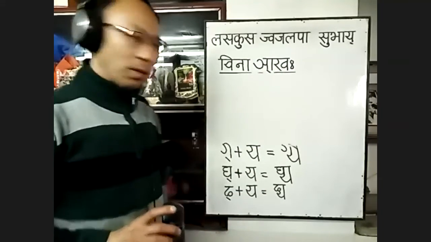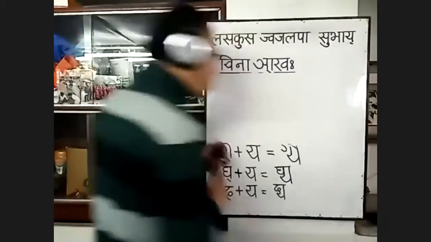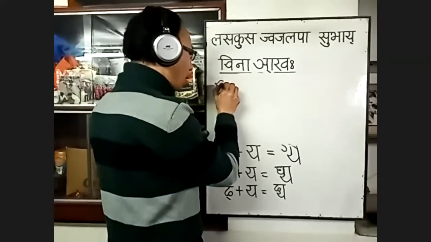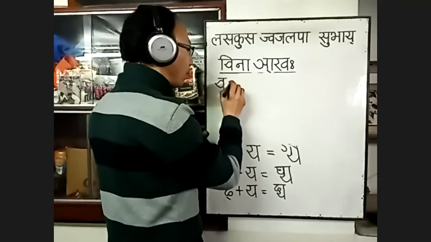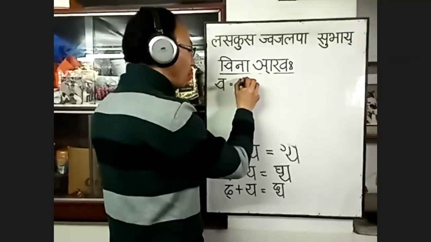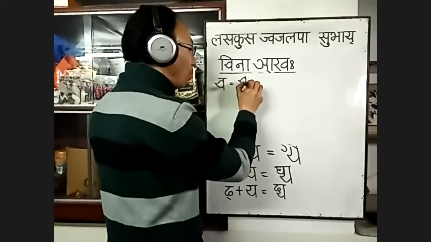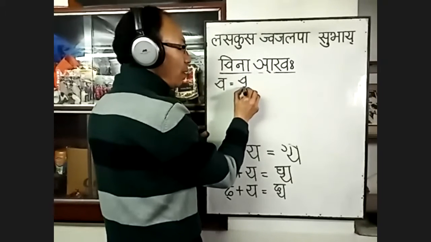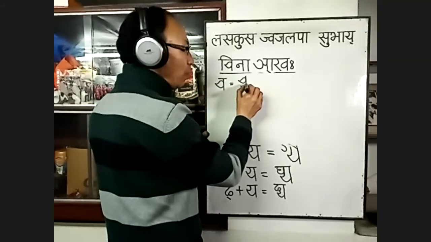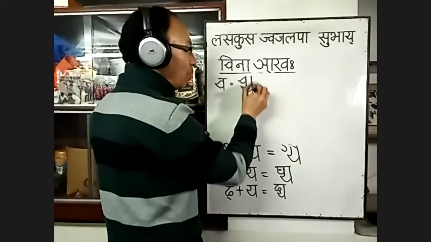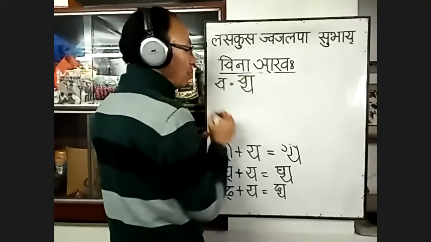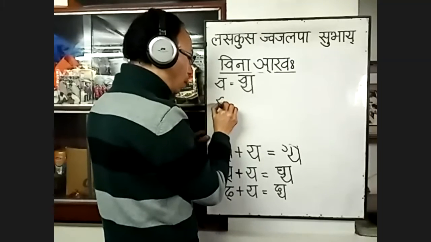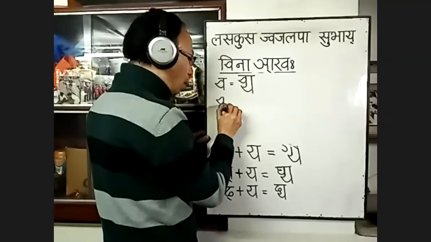Okay, so let's do some with others also. This is Tsa, and if we add Yo to Tsa, then first we write Tsa, and then we write Yo from here, the Mutupa, and then we write Cho. This is Cho. And similarly, this is Cha.